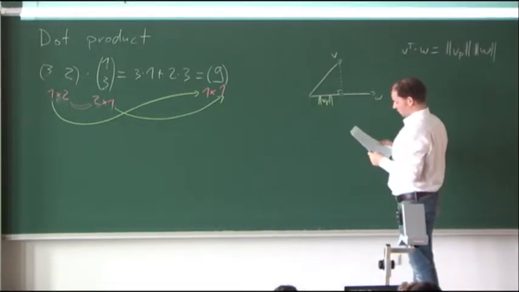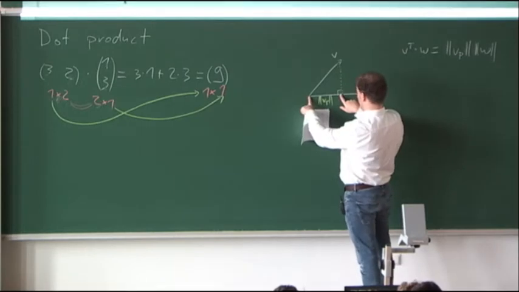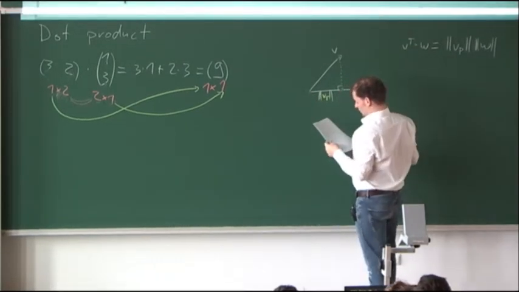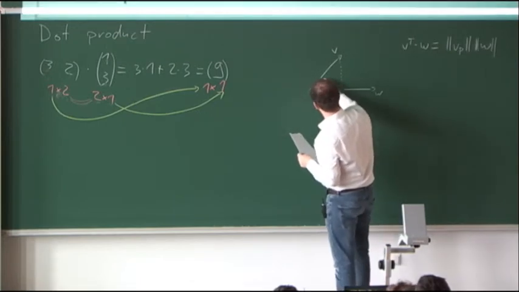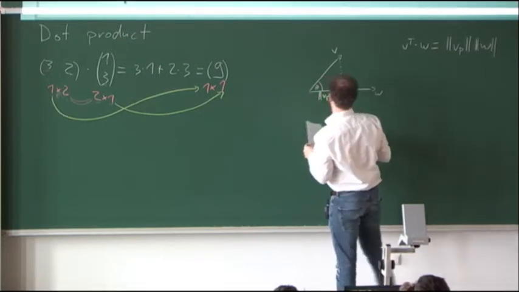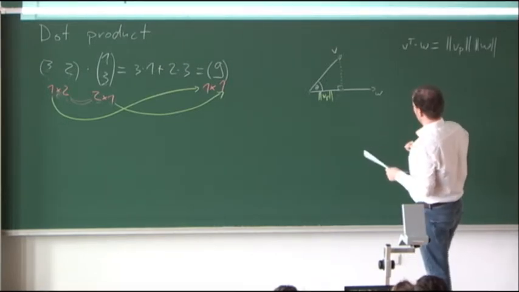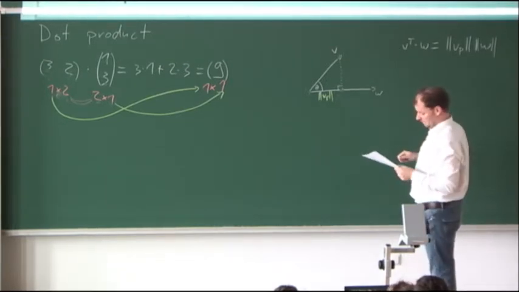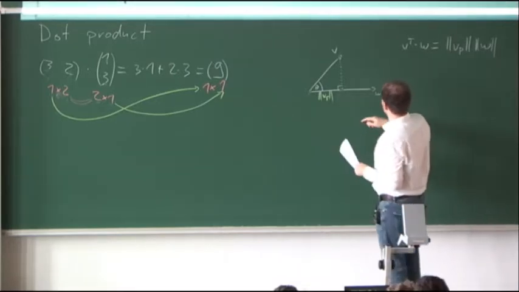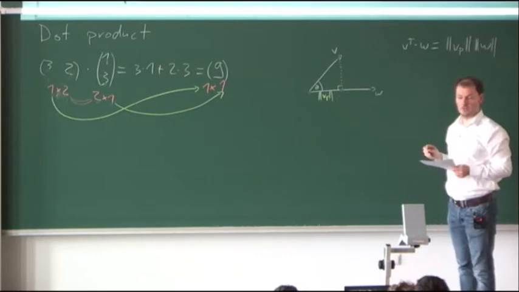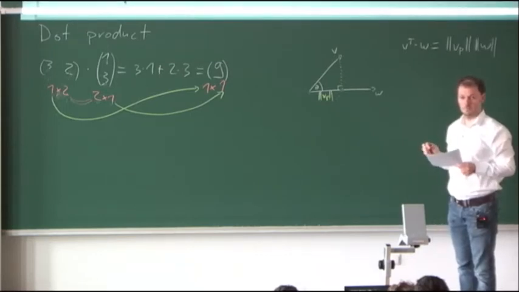Okay, now if we want to calculate how long this is, maybe we know this angle here, theta. And now we have to do a bit of cosine. So who knows this SOHCAHTOA memory?